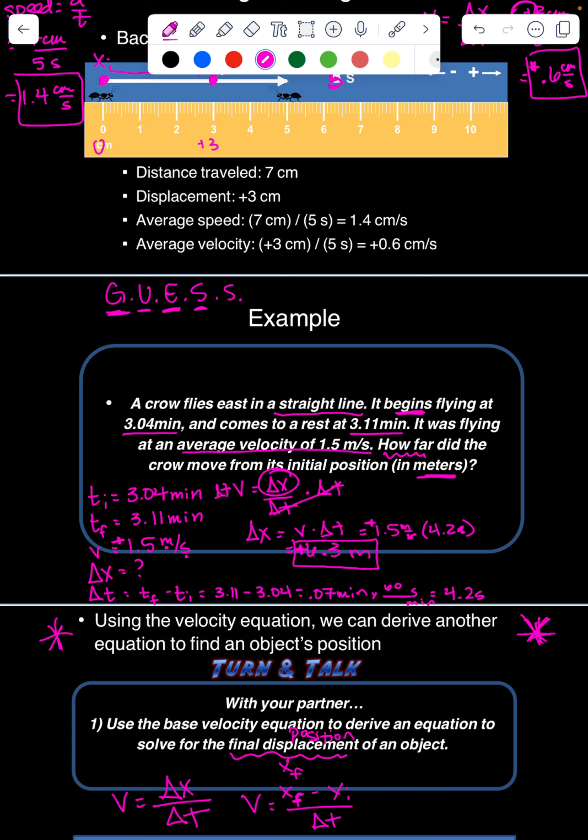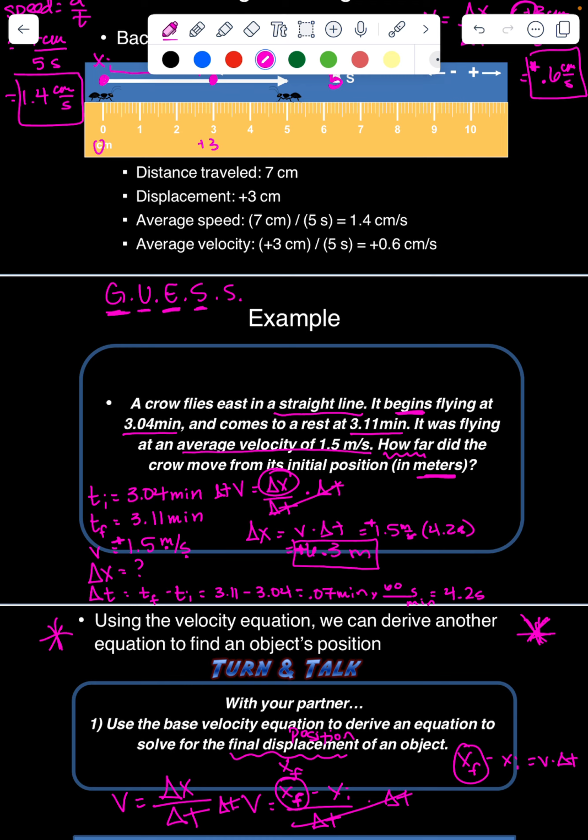All right, so now we have x final. Now we can begin to isolate it. Well, the first thing that we're going to need to get rid of is that delta t. It's on the denominator, so we multiply both sides by it. All right, so that gives us x final minus x initial is equal to velocity times delta t.